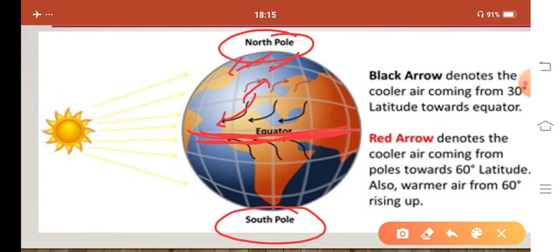Again, I am repeating, the winds produced by the uneven heating of the earth between the equator and the poles do not blow in a straight north-south direction, because the change in the direction of winds is caused by the rotation of the earth on its axis.